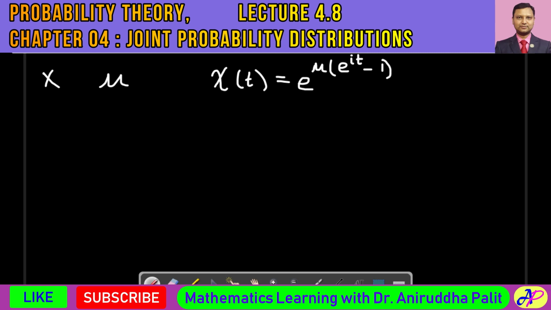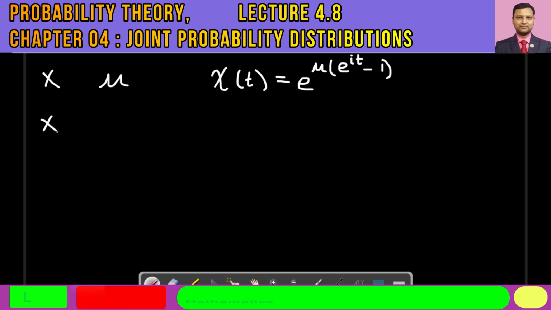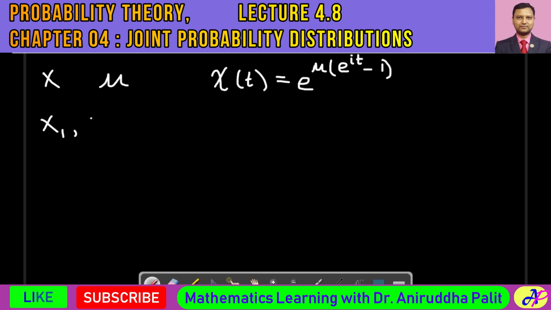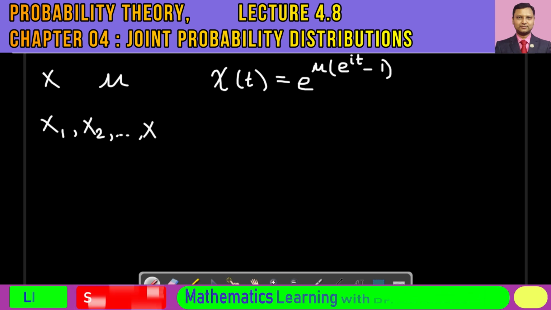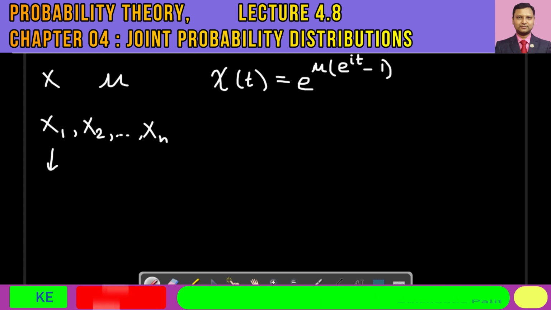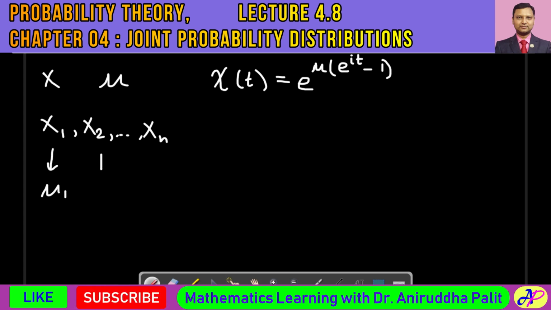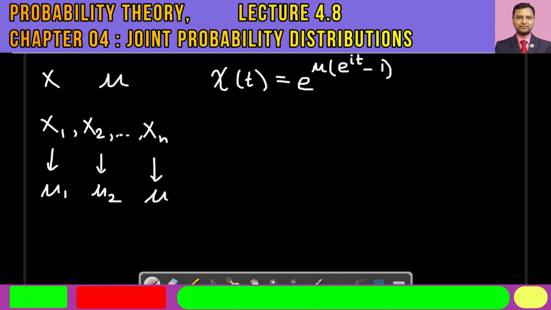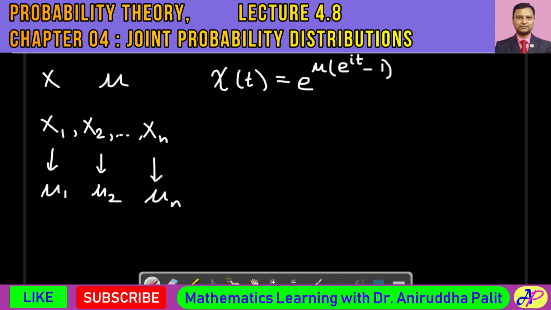Now suppose we have n mutually independent Poisson variates x1, x2, dot dot dot xn, where the parameter of x1 is mu1, the parameter of x2 is mu2, and the parameter of xn is mun.